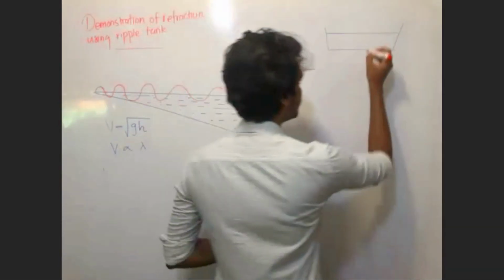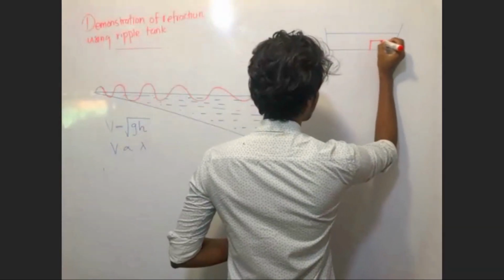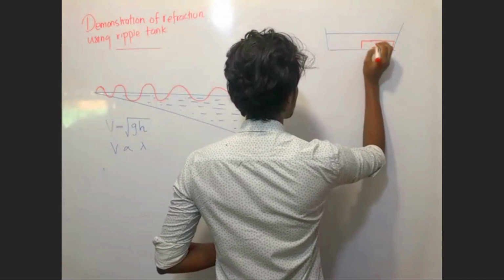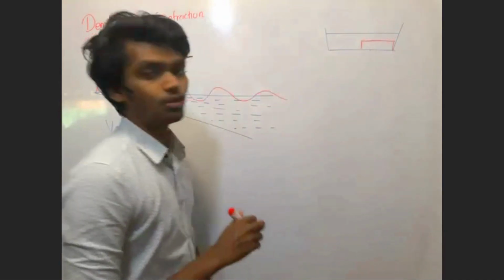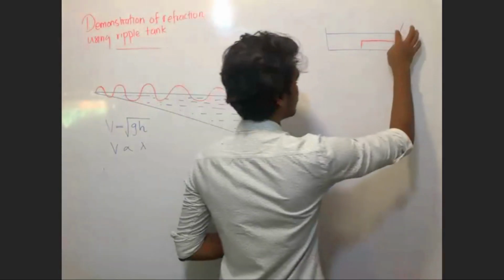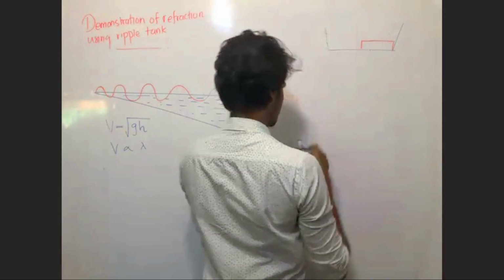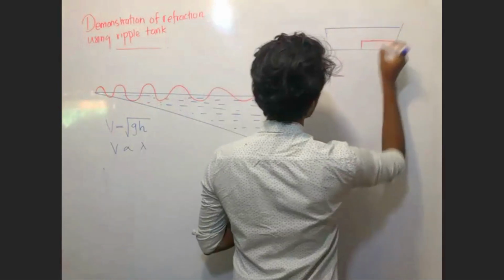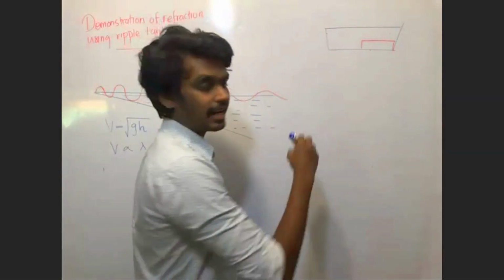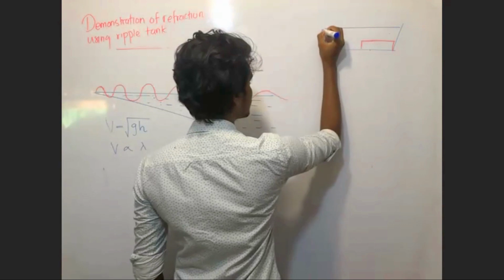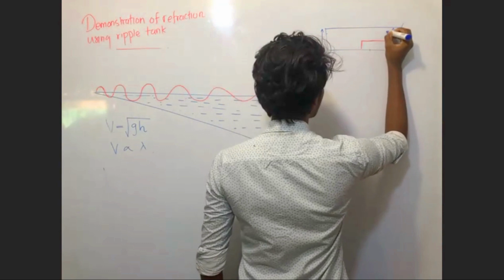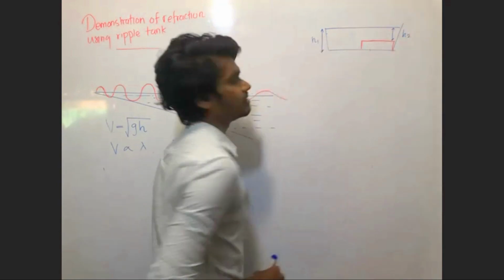To do that, what we do is we place a cube. We place a cube, and we change the height. Initially, the height was this. Now, the height is this H2.